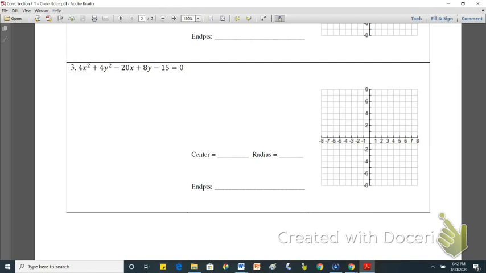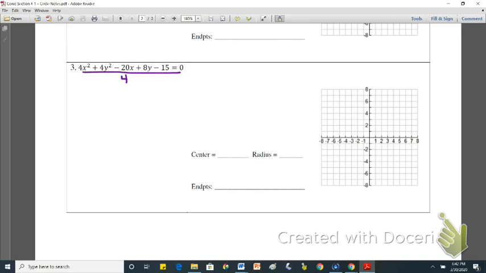If they are not, you do not have a circle. So in this case, my coefficient is 4. So the first thing I'm going to do is divide every single thing in the problem by 4. As I do this, I'm going to regroup my x's and my y's together.